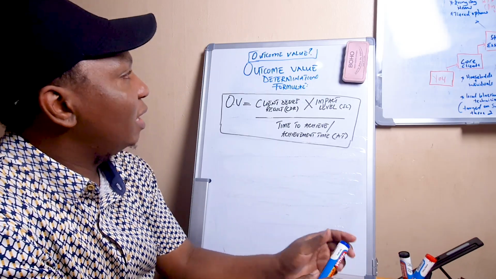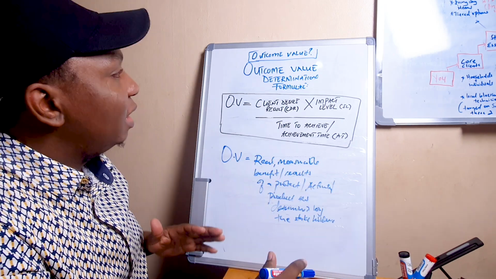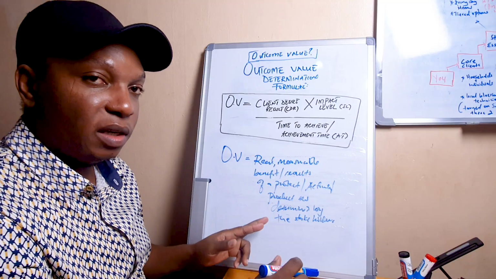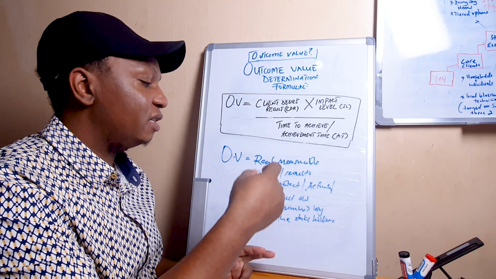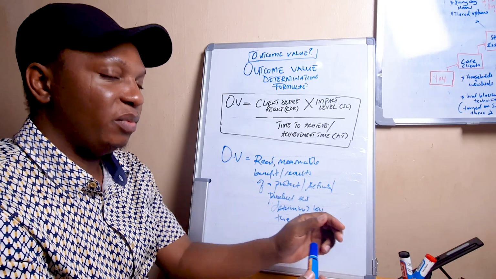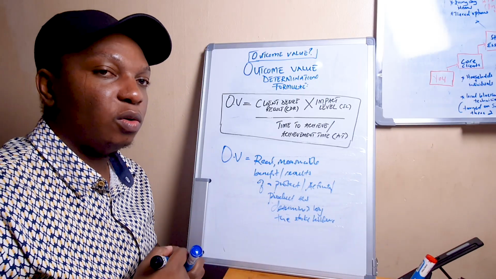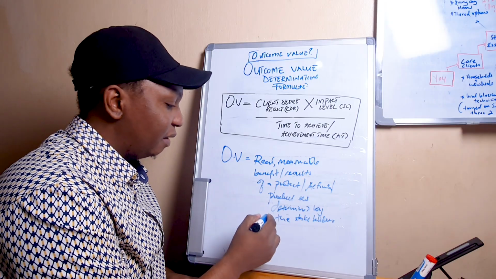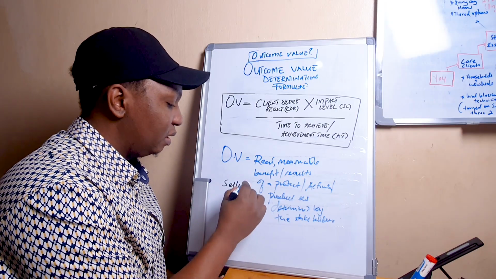If I were to look at what outcome value is, in its simplest form, this is the real measurable benefit or result of a project, activity, service, or product as determined by the stakeholders. And when we speak of stakeholders, there are two stakeholders in business: the seller and the buyer.